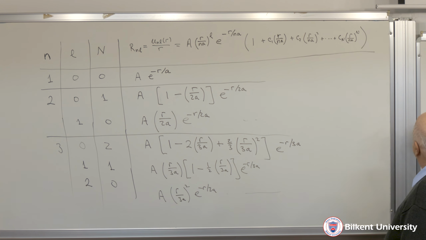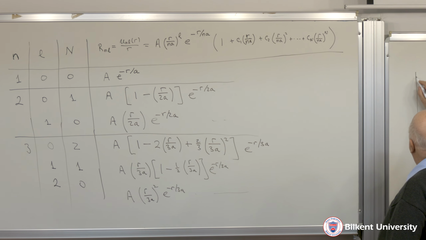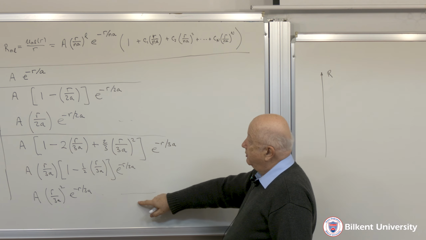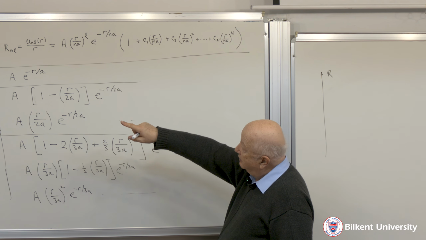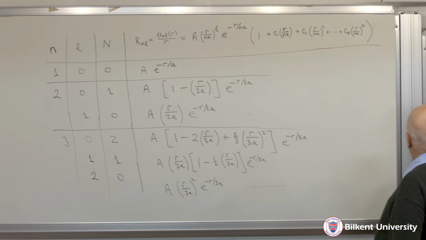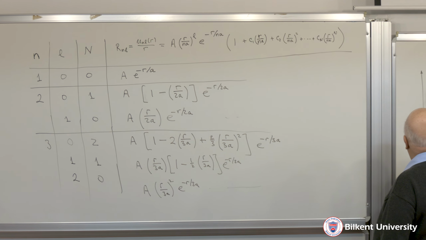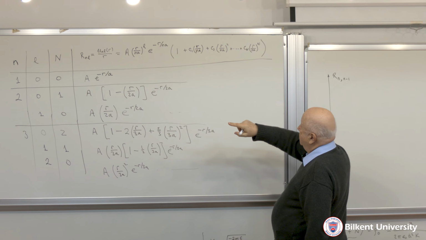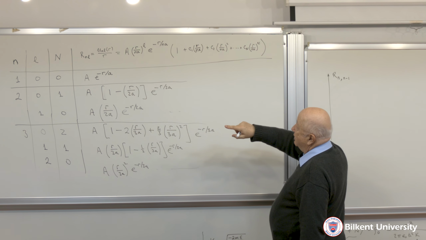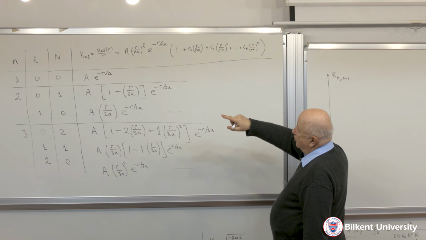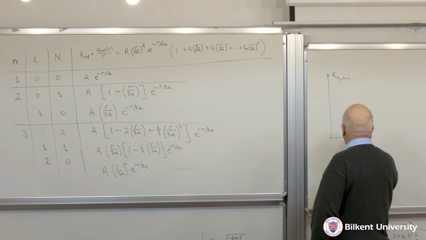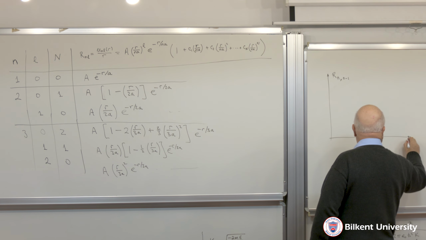So let me just plot here something like R, and it's going to have an n and an n minus 1. I'm just going to look at things like 1, 0, 2, 1, 3, 2, etc. And I'll plot them as a function of r over a, which is nice and unitless.